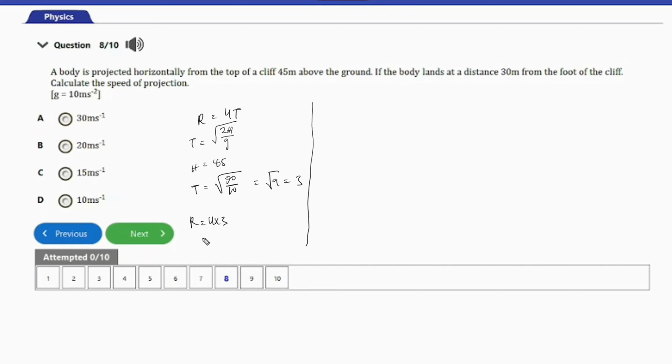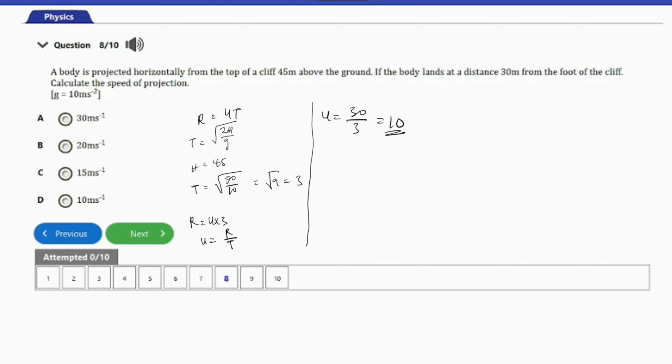In that case, since range is equal to ut, then u will be range over t. The range given to us here is 30 meters, and the t is 3. So 30 over 3 is 10. So that's option D here.